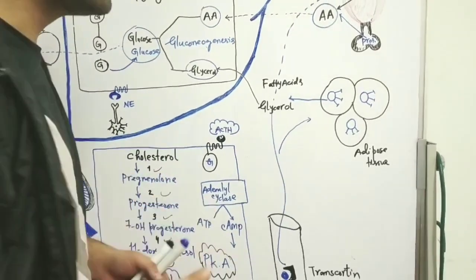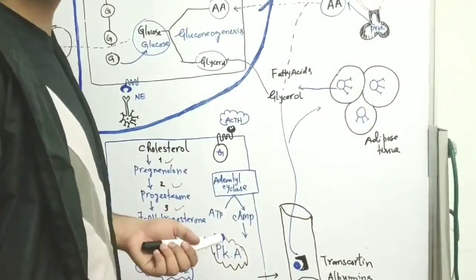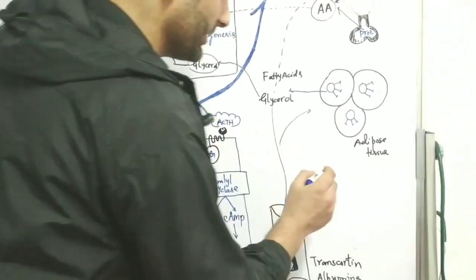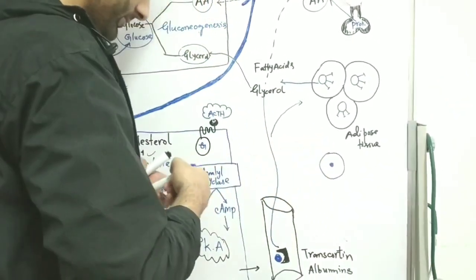Now our immune system has a lot of cells which are called immune cells simply. Suppose this is our one immune cell.